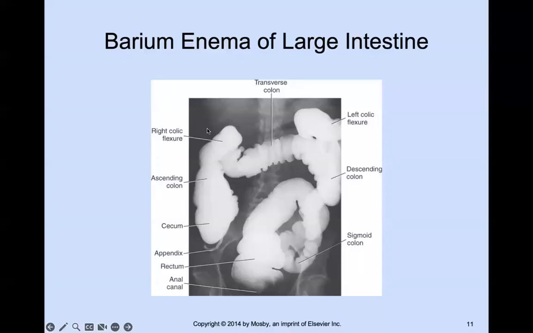Why hepatic? Because this is where the liver is. And then the spleen is on the left side, right above it. So that is for splenic. So they're used interchangeably, so you are responsible for knowing both names. So either right colic, right hepatic flexure, left colic, left splenic flexure. And then here's where you can see that appendix.